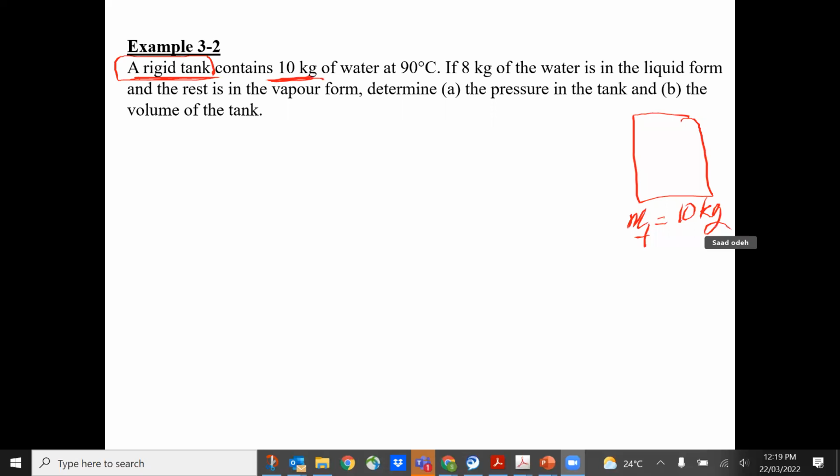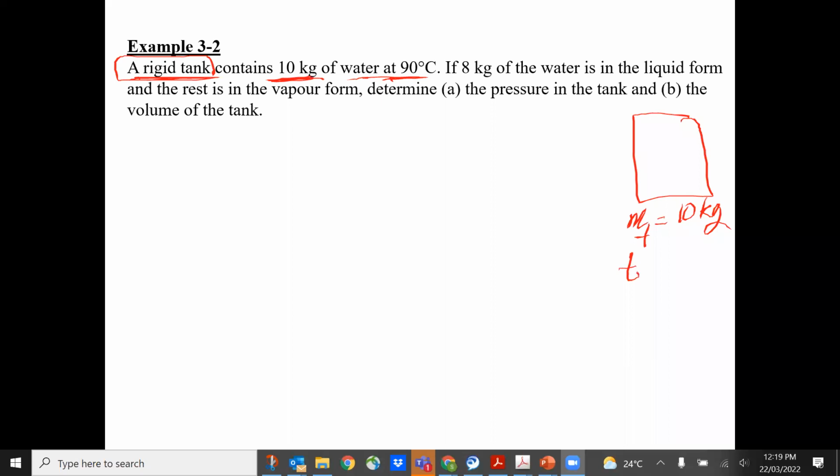What else? At 90 Celsius, I know the temperature, but I still don't know whether this is T saturation or not. I need to make sure, because when they give you a temperature, it doesn't mean it is the saturation temperature. Probably it is below, maybe higher. We need to find out first, because there is no indication of the pressure either.